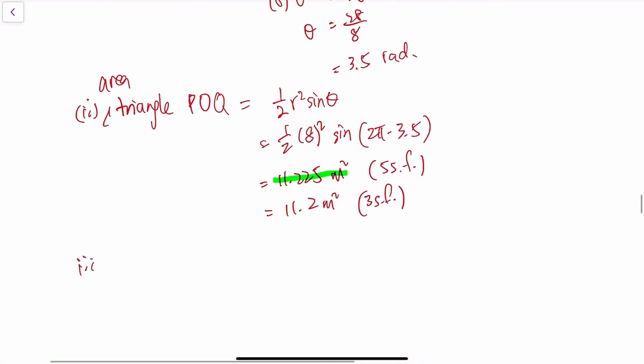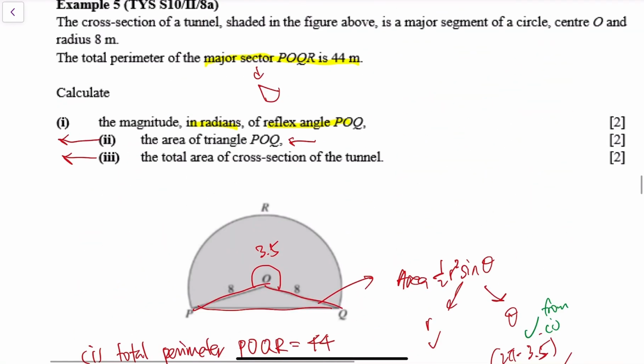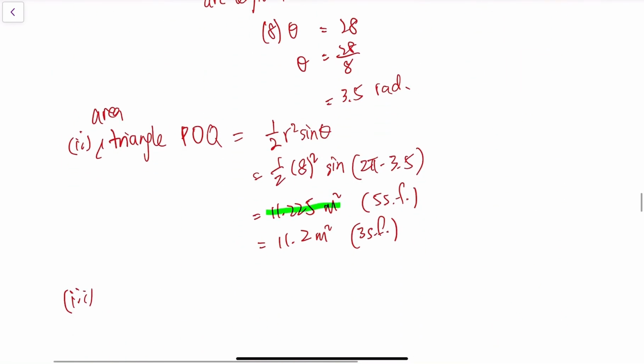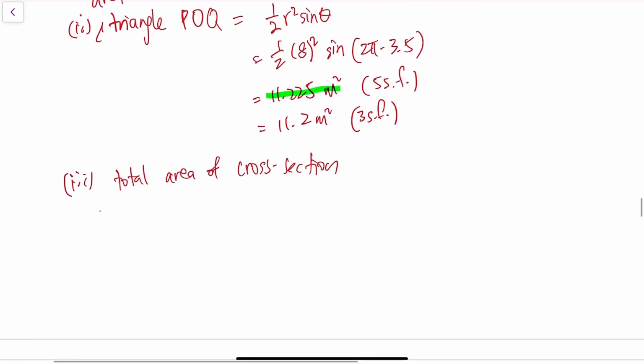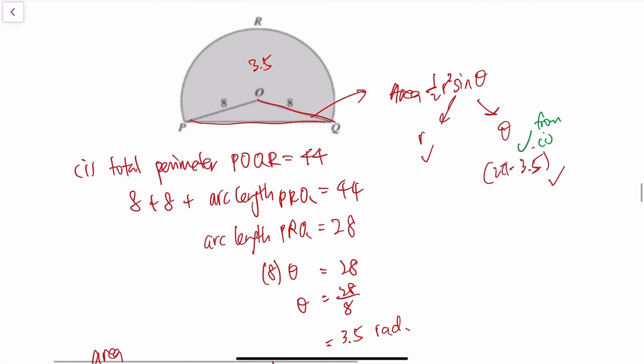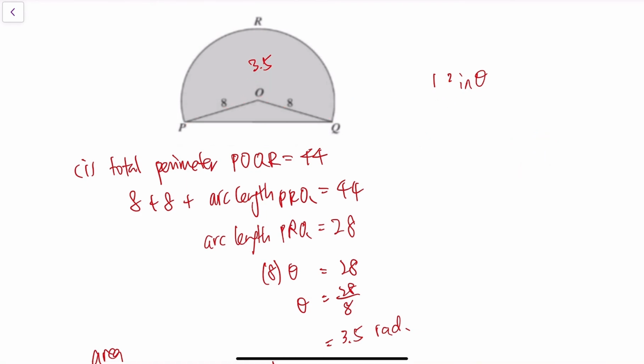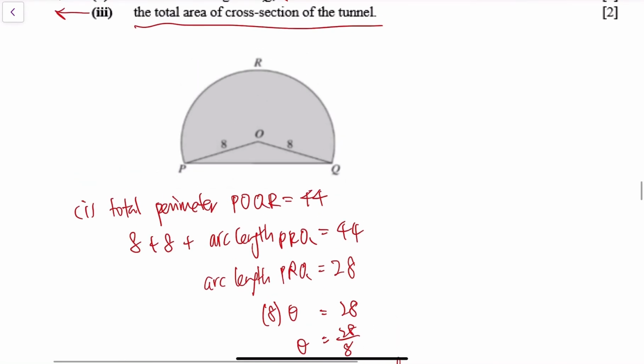Okay, so part 3. They're asking for the total area of cross section of the tunnel. So it will be equals to what? So let's take a look here. I can find the area of this sector plus this little triangle below, which I found in part 2.